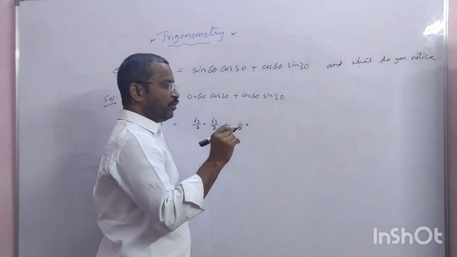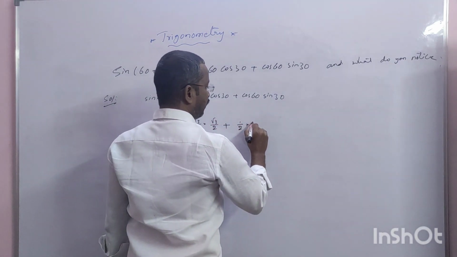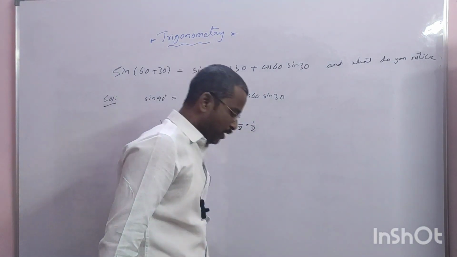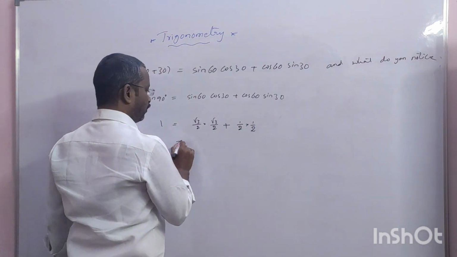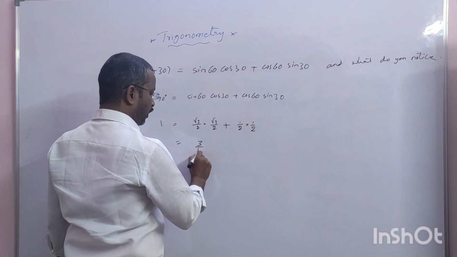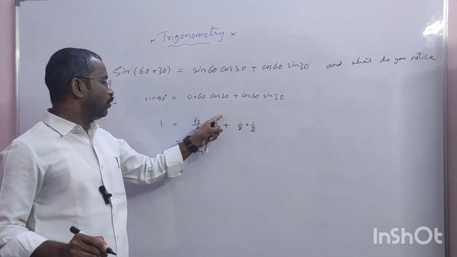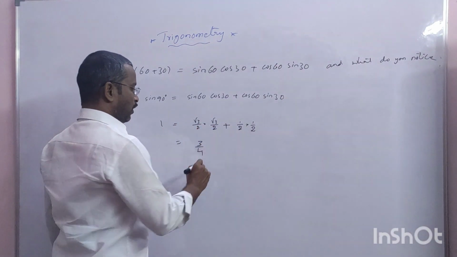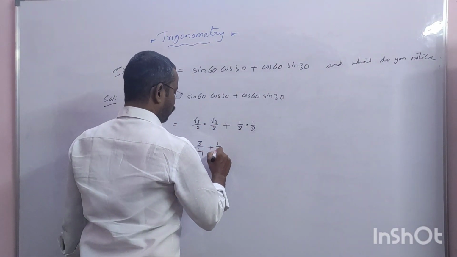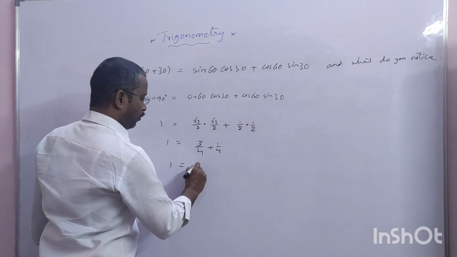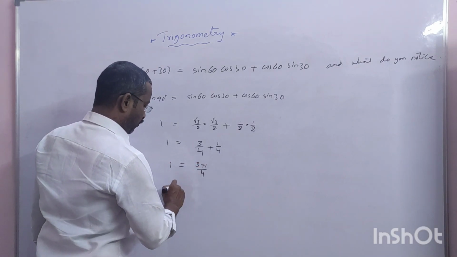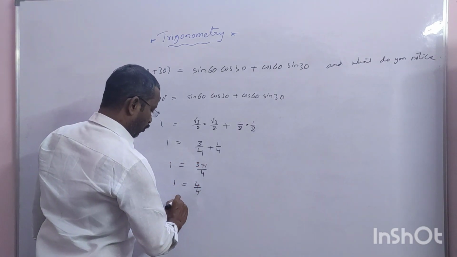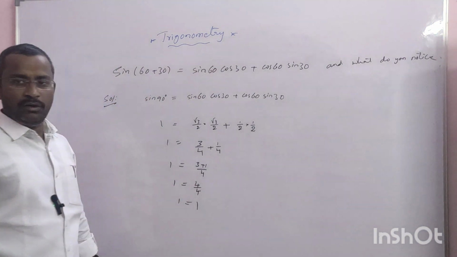You can use the into symbol or dot as your choice. Sin 30 is 1 by 2. So root 3 by 2 into root 3 by 2 is 3 by 4, because root 3 into root 3 is 3 and 2 2s are 4. Plus 1 by 2 into 1 by 2 is 1 by 4. So 3 plus 1 by 4 is 4 by 4, which is 1.